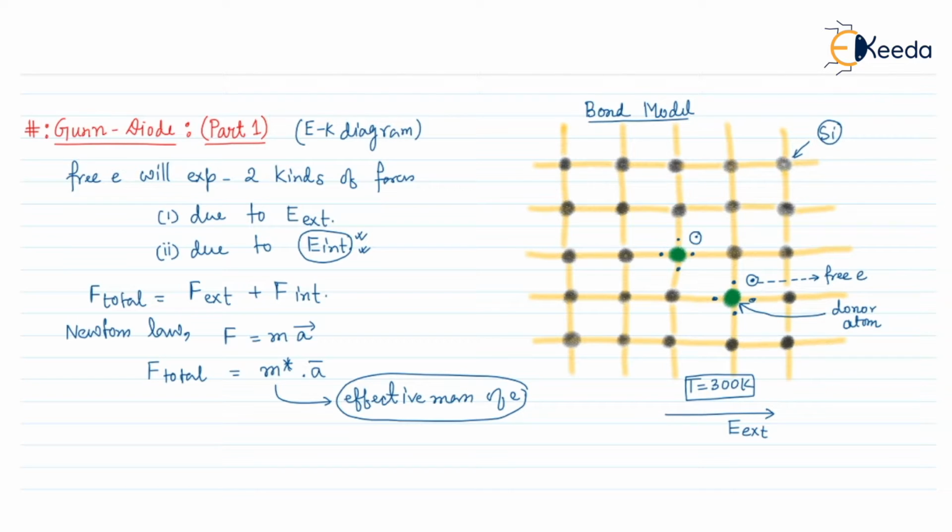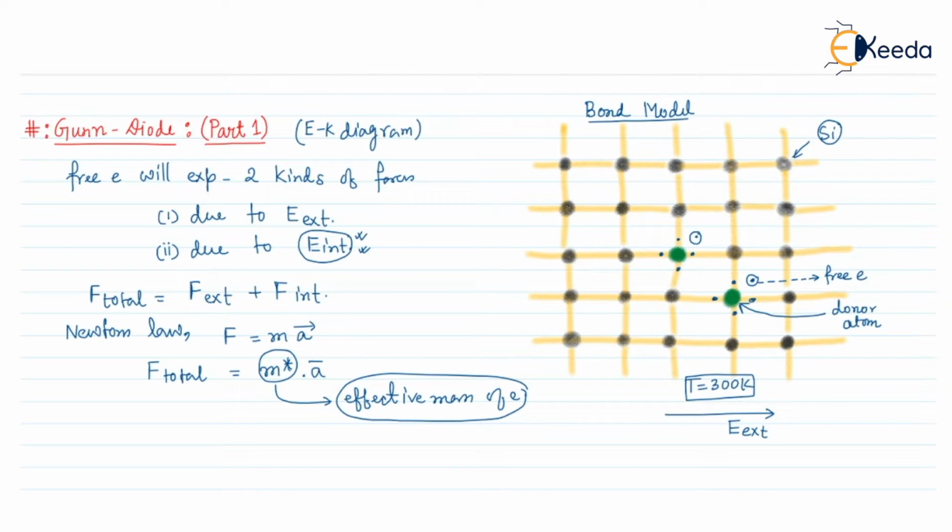These internal electric fields create some force on this free electron. To incorporate this internal electric field, we change the mass of the free electron to the effective mass. So the effective mass is a way of incorporating the information that there exist internal electric fields inside the semiconductor which also affect the motion of the free electrons.